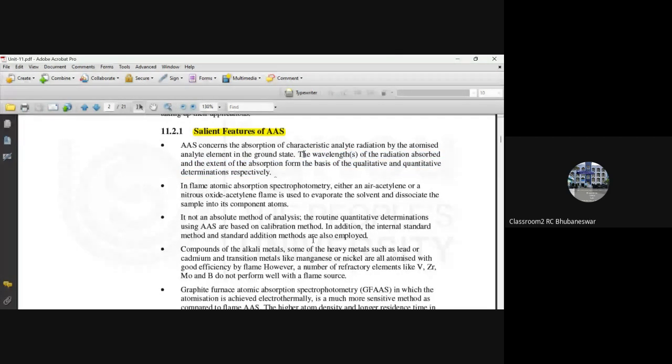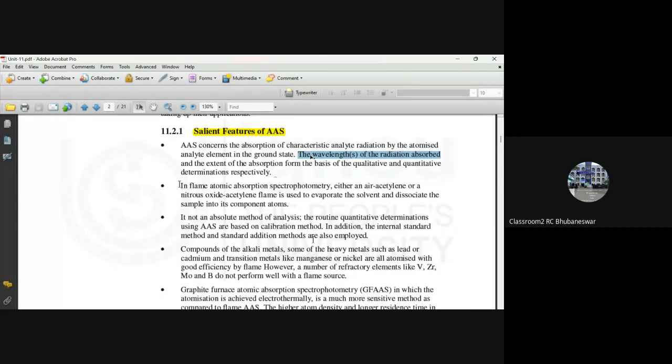Of course, the wavelength of radiation that is getting absorbed was the basis of the qualitative determination for AAS, that is atomic absorption spectrometry.